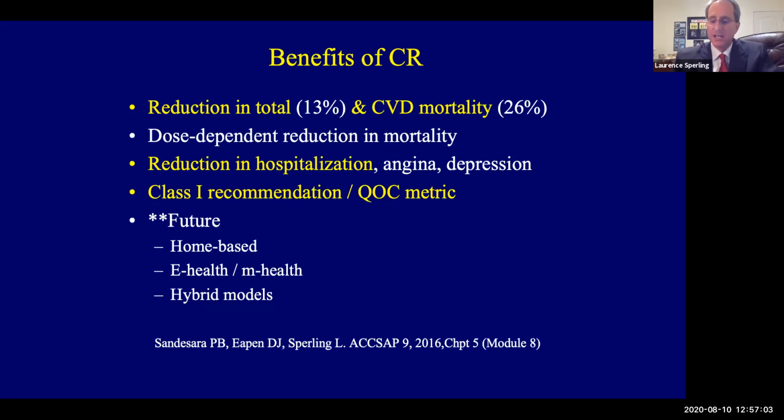So enrollment in cardiac rehab, participation, high-level participation, completion, and maintenance all have a dose response, reducing hospitalization, angina, depression. As I mentioned, a class 1 recommendation, a quality of care metric, and the future likely will be through home-based delivery, e-health, m-health, and what may be hybrid models. Next slide.